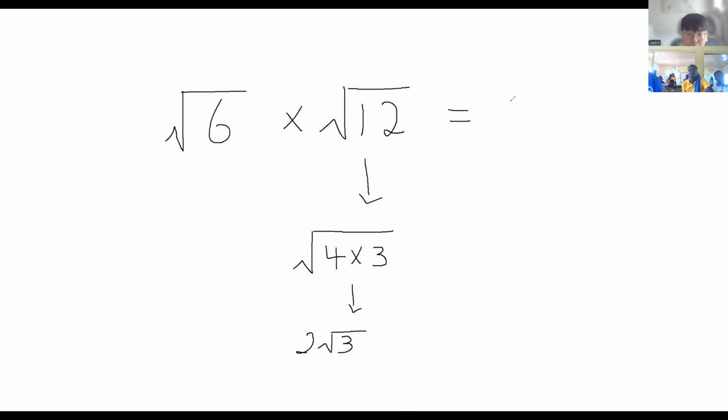So this becomes square root of 6 times 2 square root of 3. And we can actually make square root of 6 into square root of 3 times 2 as well.